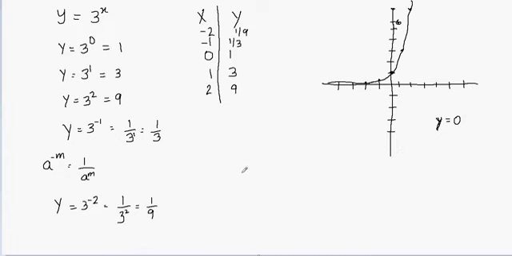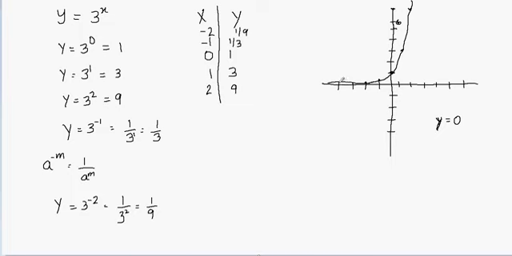Now let's talk about the domain and range of this function. So what is the domain of this function? Domain is always the x values. If you keep on going in the left direction, this graph will get closer to 0, but it will never touch 0. If you keep on going to the right, your graph will get larger, it gets steeper.